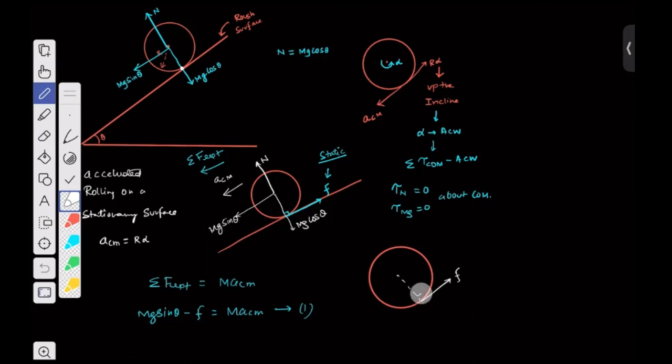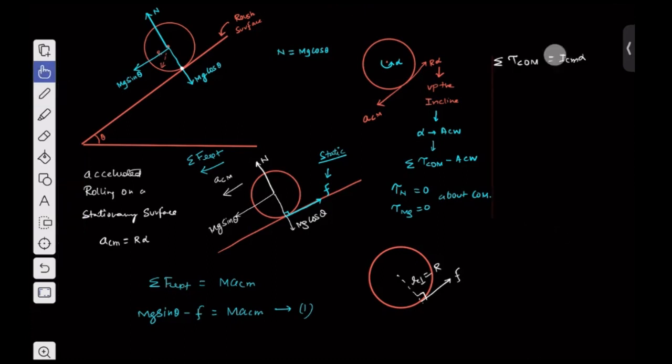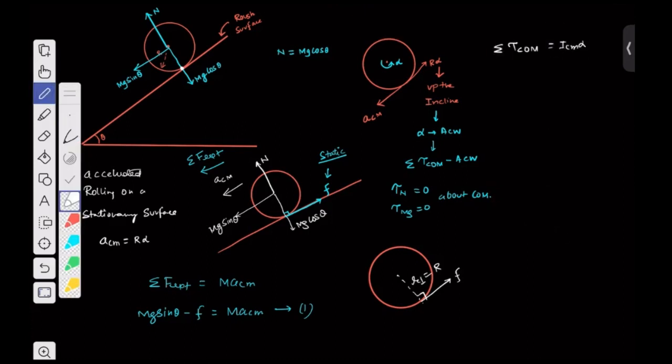So the lever arm of this friction force is our capital R. So the net torque about the center of the mass is ICM into alpha. Only torque is going to be because of the friction force, so FR will be equal to ICM into alpha. This will be our equation number 2.